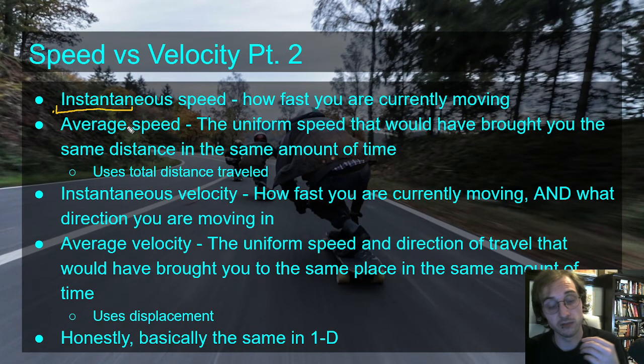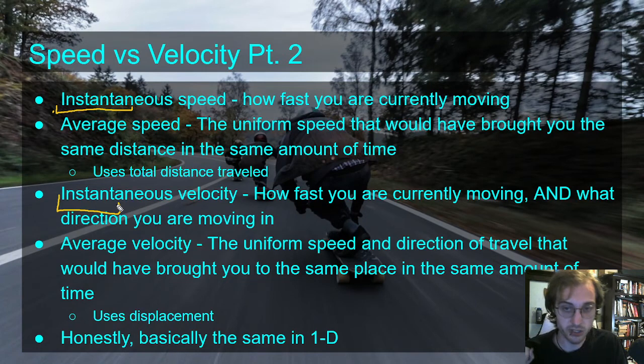Whereas your instantaneous velocity, again we see that instant in it, meaning right now, is talking about not just how fast you're moving, it's also talking about what direction you're moving in. Something that's going to become really important about this eventually is that this is always a straight line. Instantaneous speed says absolutely nothing about it being a straight line. It doesn't say anything about how you're moving at all.